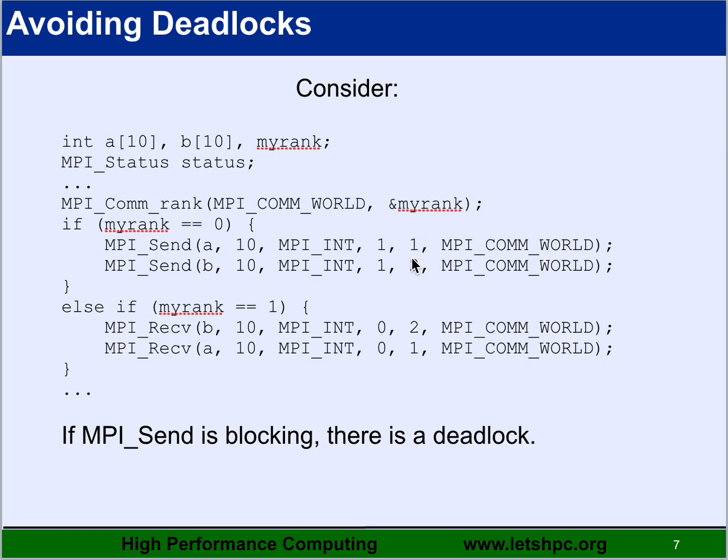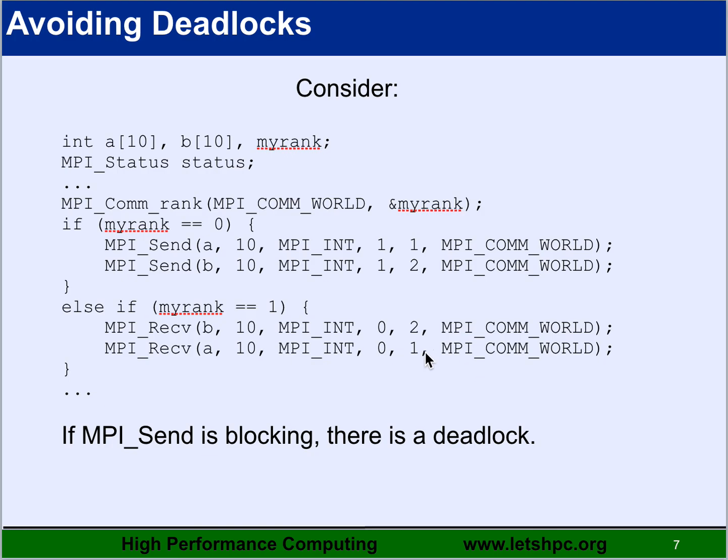These two are basically tag 1 and 2. So you can see the tag associated with this first send call is 1. So process 0 wishes to send A with tag 1 to process 1, and process 1 is supposed to receive that A from process 0 with tag 1.